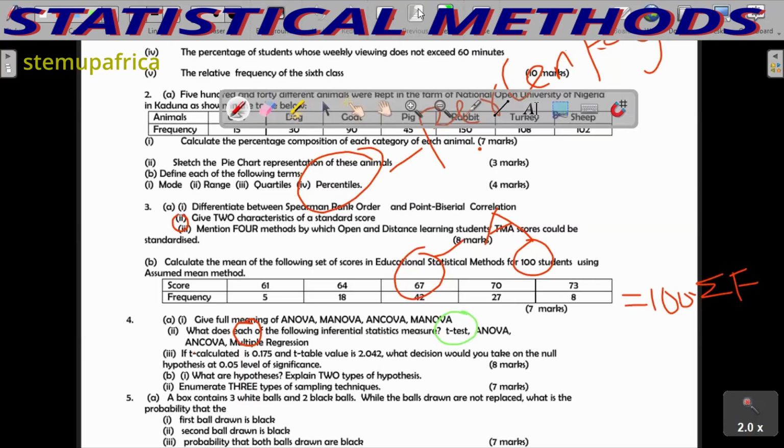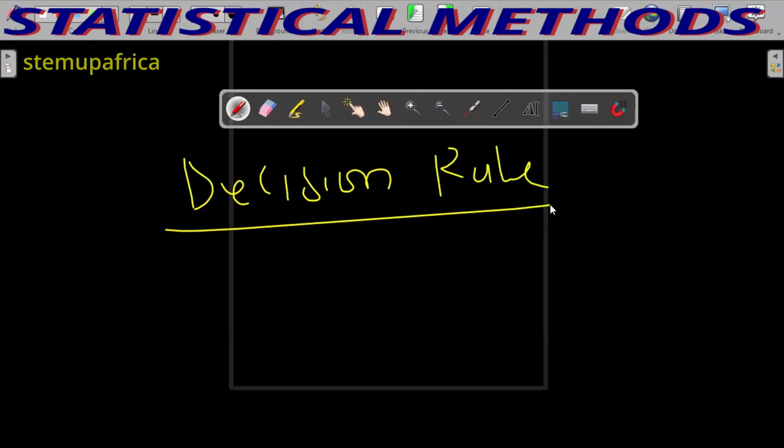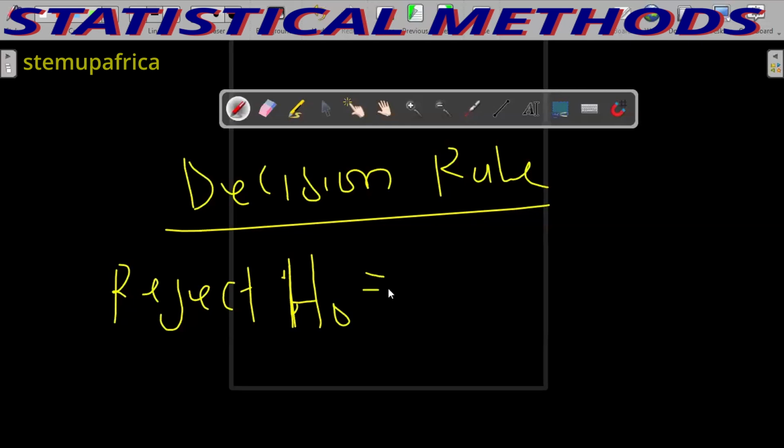Now, look at the decision rule. Let me state the decision rule for you. So how do you make a decision based on the values that you have? Please take this one very seriously. Decision rule: one, you reject the null hypothesis, H0, if T calculated is greater than T table.